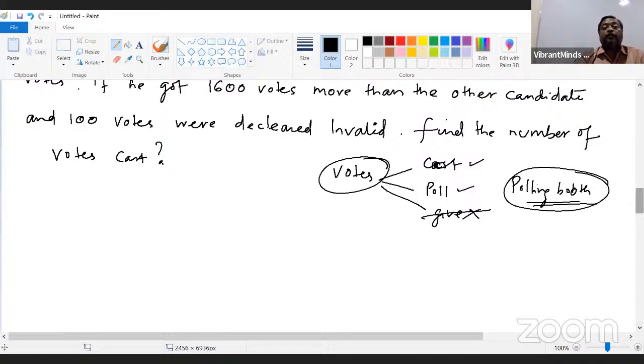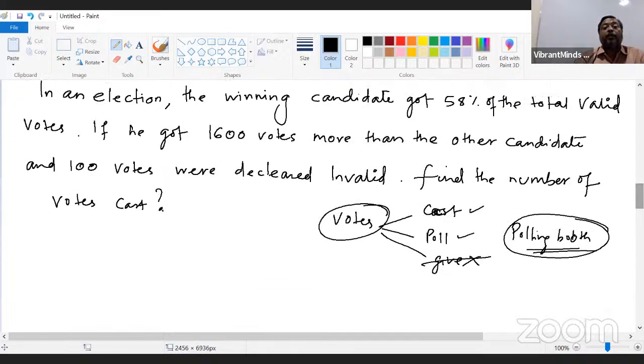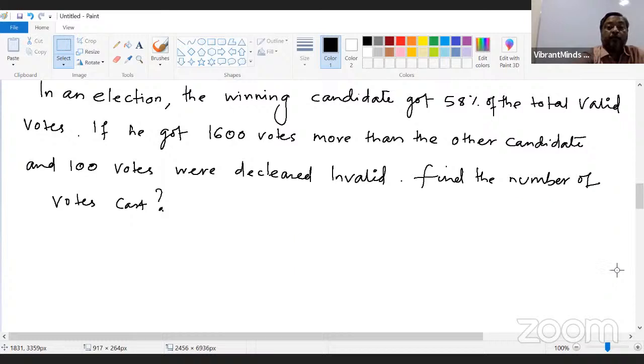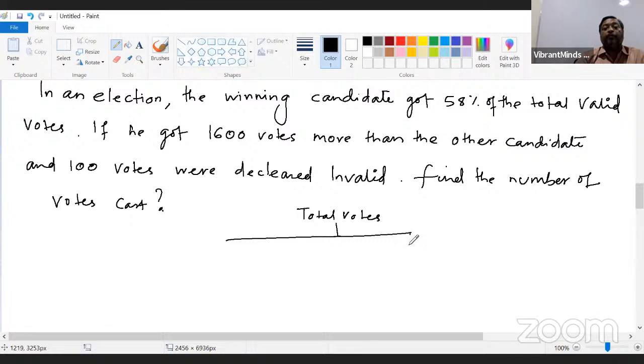Now see, let's clear this. And 58% of the total valid votes. Understand this by a graph. Let's say this is my total votes, then two things will happen.